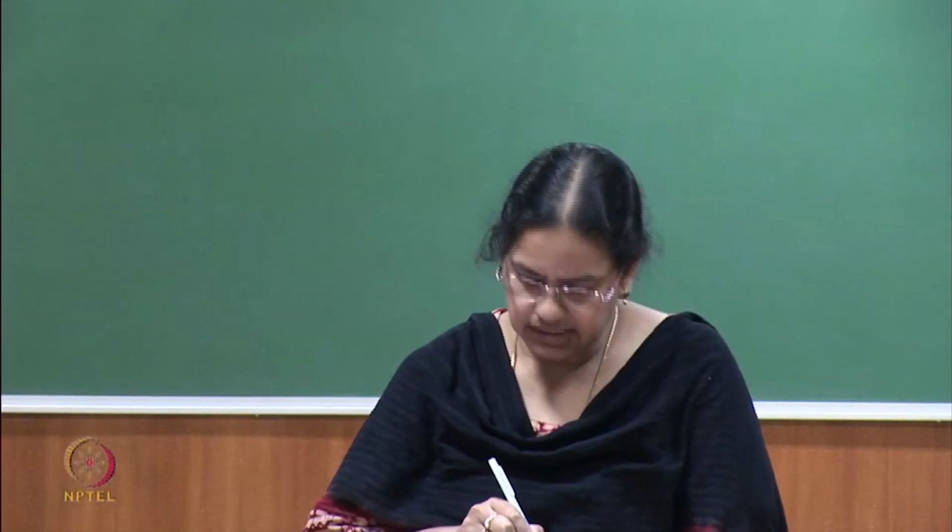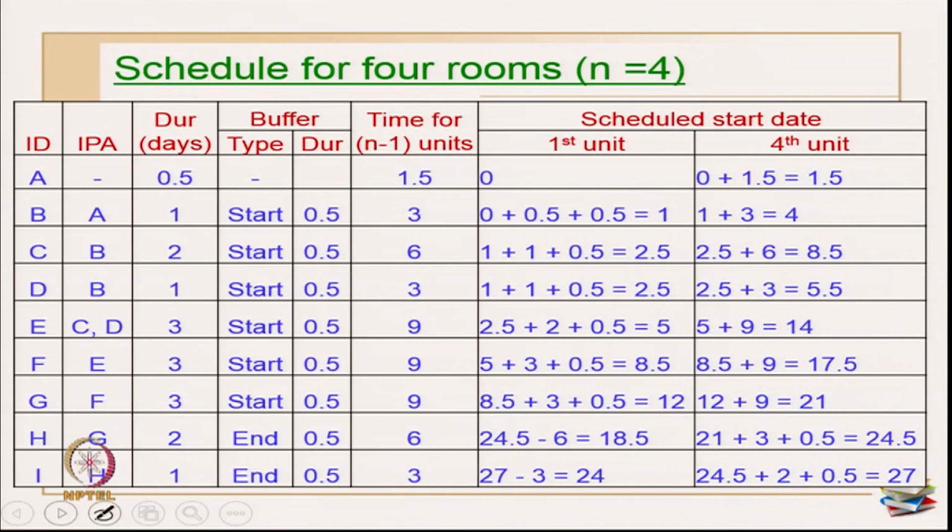Now, let us work on the LOB calculations. Okay. This is a slightly complex table, so if you follow along with me, I think it is very easy for you to proceed. First, forget about all the filled-up data. You just have to take from your previous table the activity ID, IPA for each of the activities, duration for all these activities, buffer, type and duration.